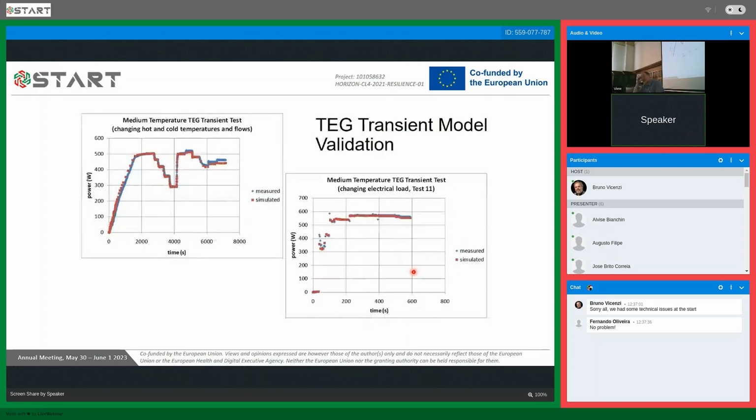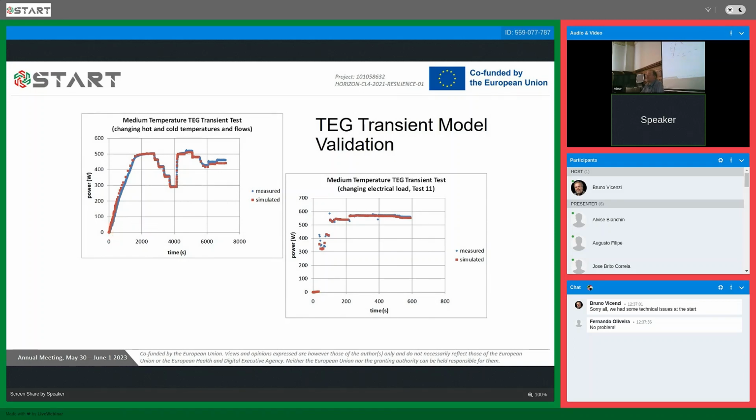So this model also was not only a steady state model, but we also had a transient aspect of this model too. And these models, by the way, were done in MATLAB. This transient part was done in Simulink. You can again see, so this is now at the full TEG level where we had changed some of the temperatures and the mass flow.